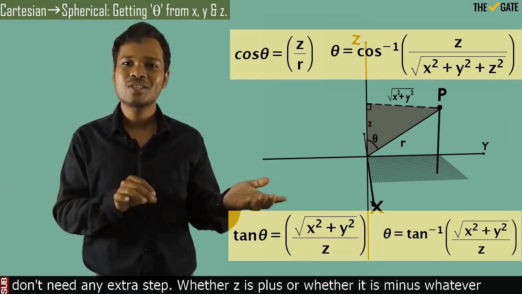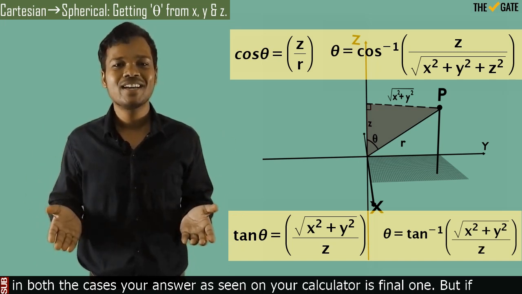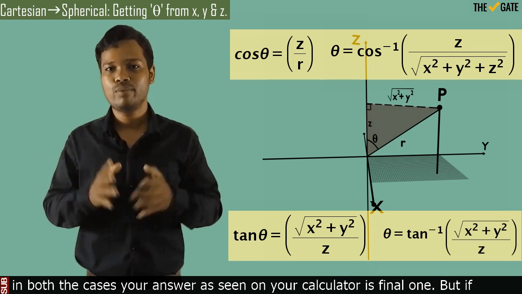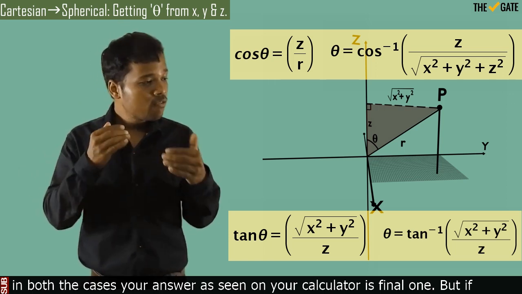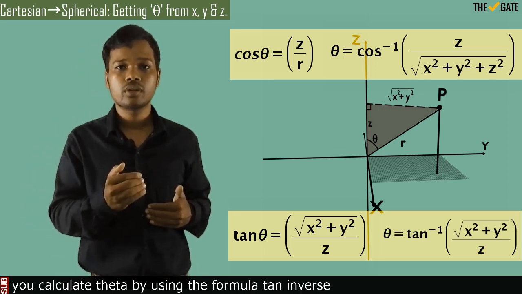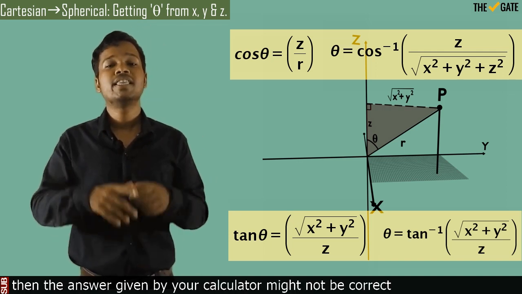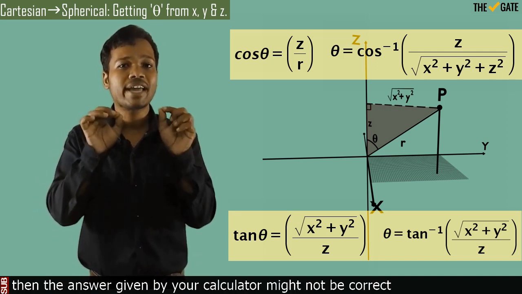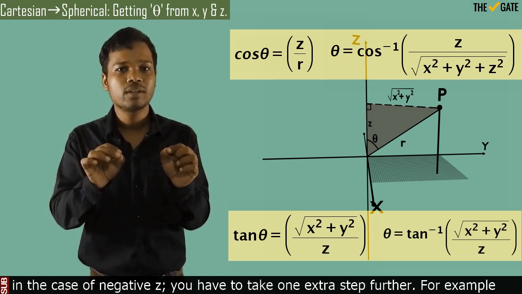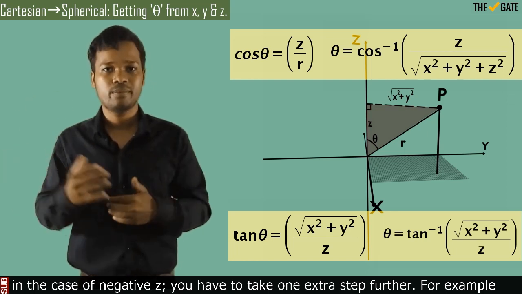Whether z is plus or whether z is minus, in both the cases, your answer as seen on your calculator is the final one. But if you calculate theta by using the formula tan inverse root of x square plus y square upon z, then the answer given by your calculator might not be correct in case of negative z. You have to take one extra step further.